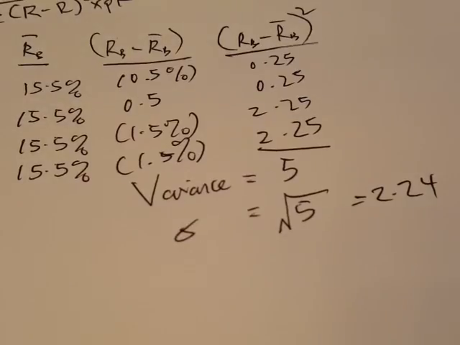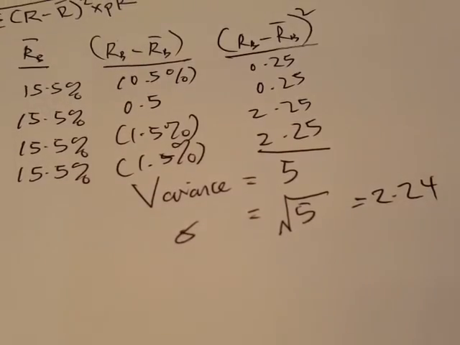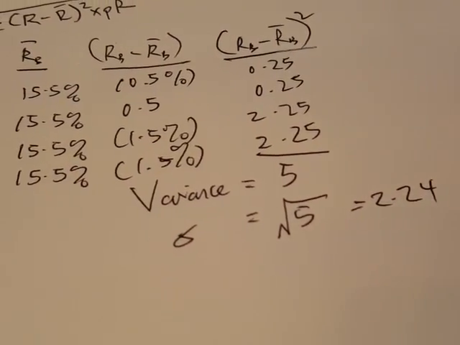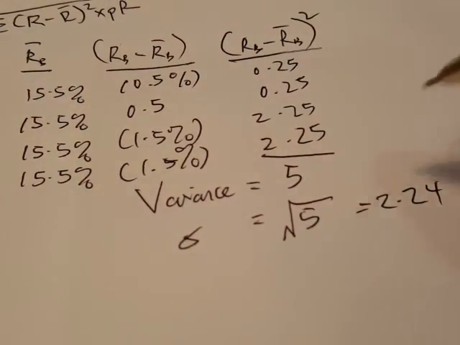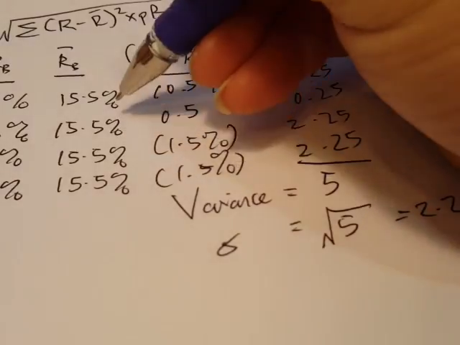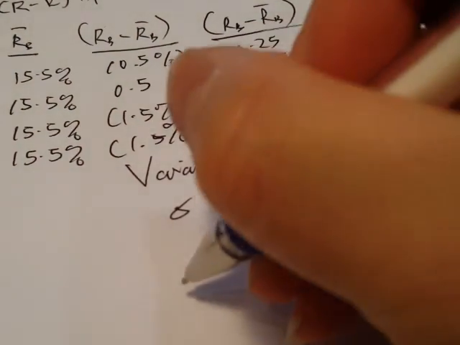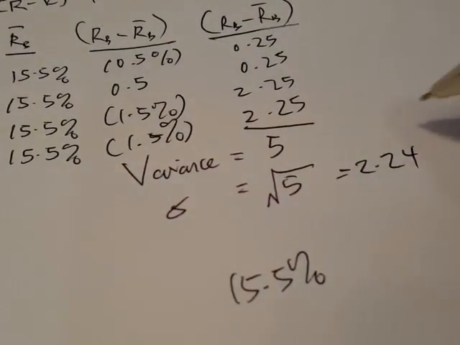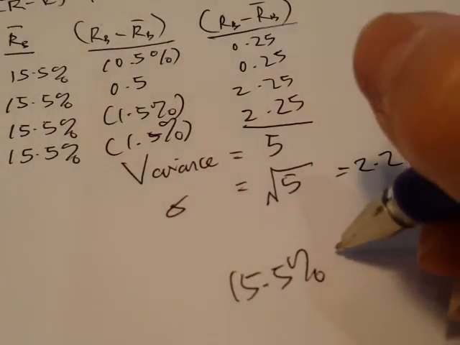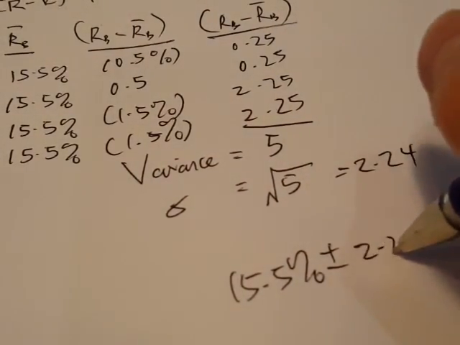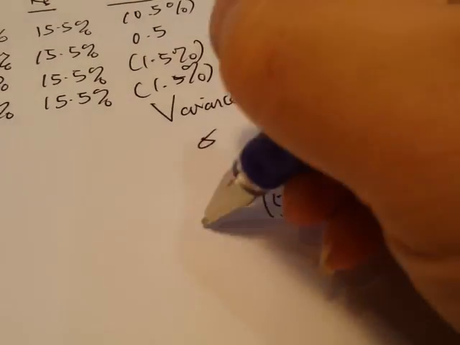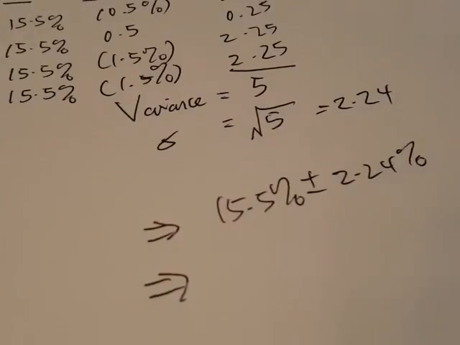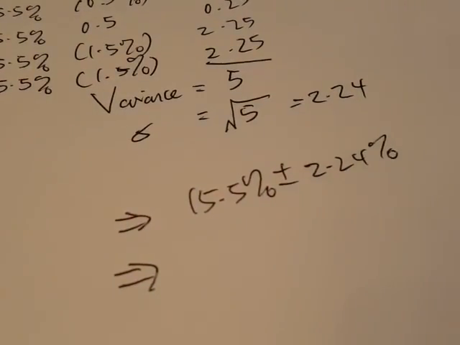Now what does this standard deviation 2.24 mean? It means your investment has an average return of 15.5%, and if you have the standard deviation, it will be plus minus 2.24%. It means the range is now determined.